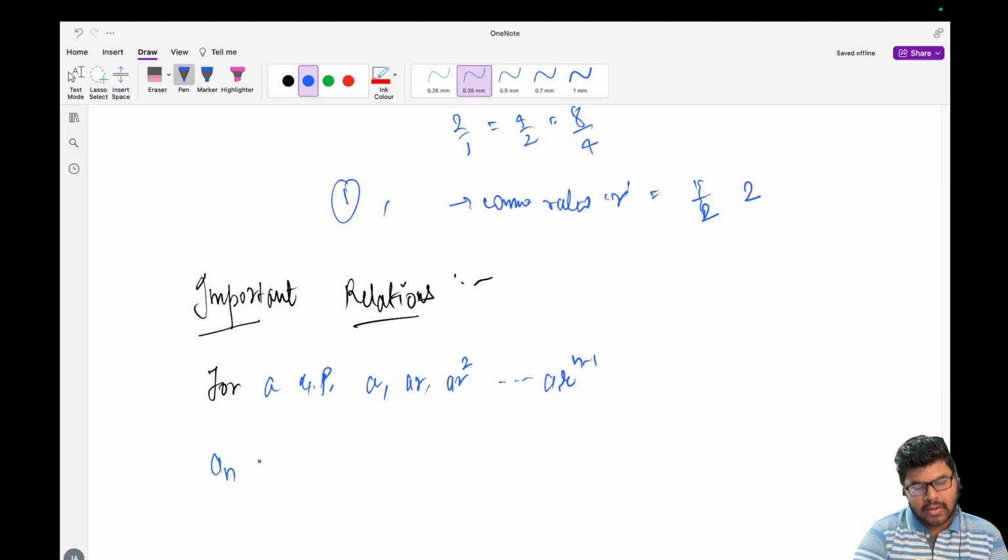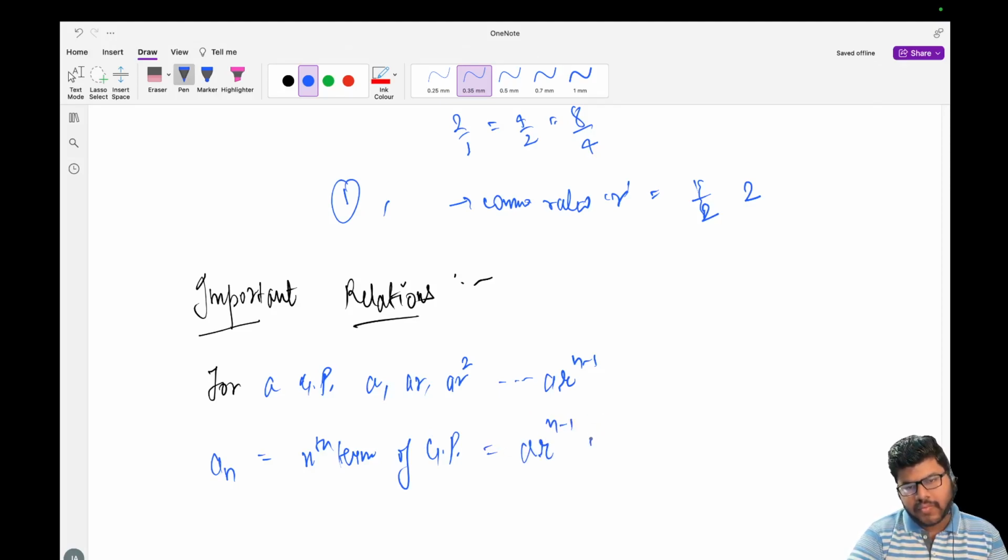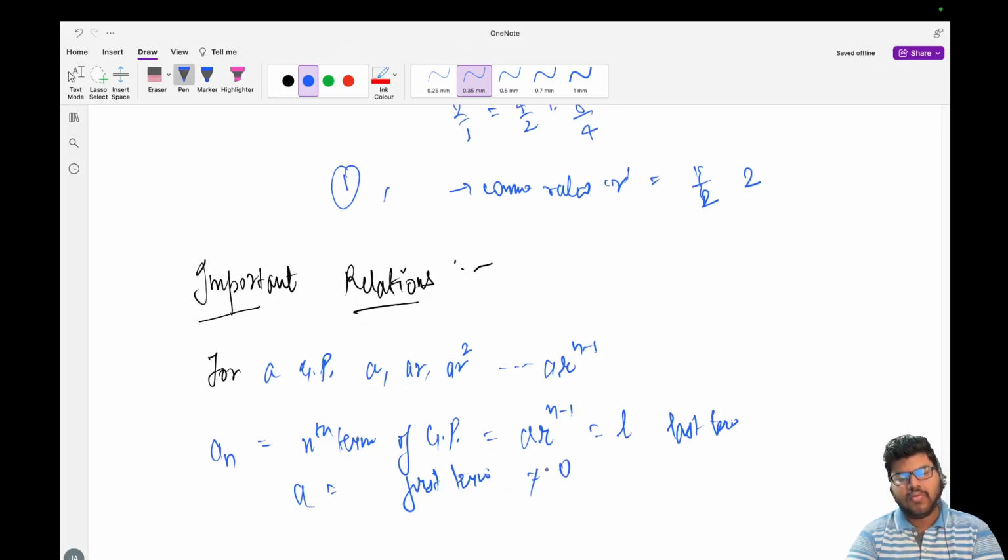Then a_n is the nth term of the GP, which is nothing but ar^(n-1), which is equal to l, the last term, where a is called the first term, which is not equal to 0, right?